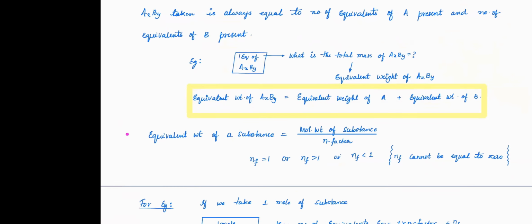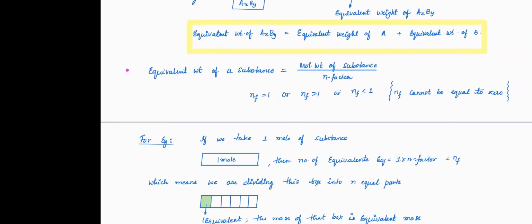For example, if I write one equivalent of AxBy, then the equivalent weight of AxBy will be equal to the equivalent weight of A plus the equivalent weight of B. Here it may be x and y of any values. They do not play any role in identifying the equivalent weight. It's not like there is something multiplied or divided there. It will be the equivalent weight of A plus the equivalent weight of B simply.